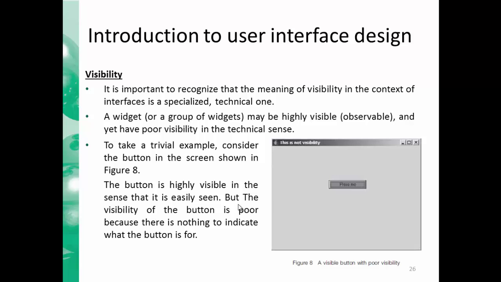So what it is for and what result I will get by pressing this button is not clear, which makes the overall visibility low for this component. If this button was labeled with the right label, then I would be able to say that it has high visibility. For example, if it says submit, then I know that when I click this button, I will be submitting some information, and that's what we mean by visibility.